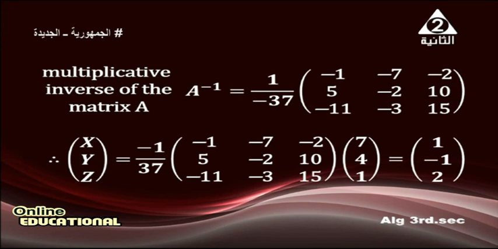After that, multiply by negative 1 over 37, x equals 1. By the same method, y equals negative 1, z equals 2. By substitution, x, y, z must satisfy all the equations.